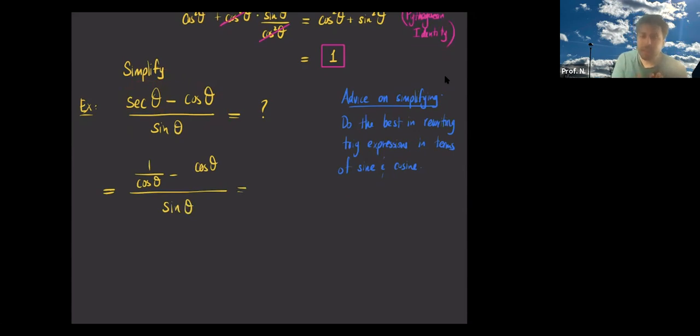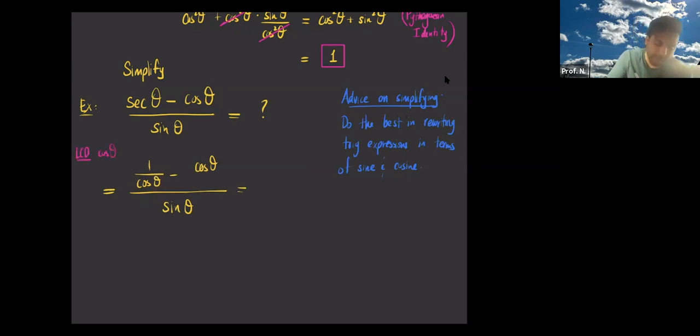You can think of this as a complex fraction. I have a fraction within a fraction. And now how do we take care of that? How do we take care of complex fractions, right? I want to get rid of the denominator. The only denominator that I have here is cosine theta. So my LCD here is cosine theta.